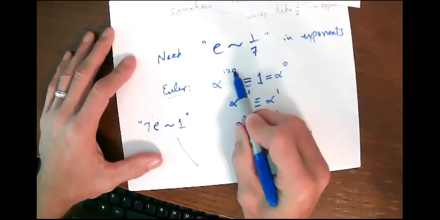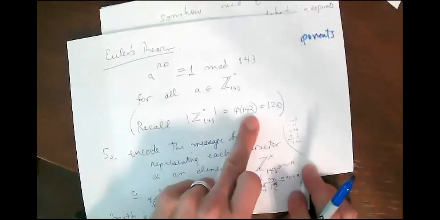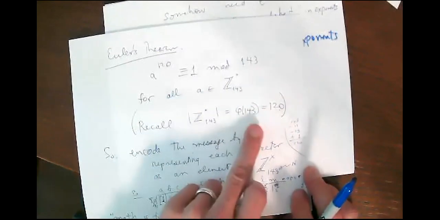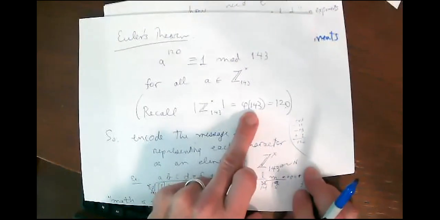It's the exponent that I need to get a 1. And that's because of the way Euler's theorem was phrased in general: 120 is the Euler phi function of 143. So 143 was the modulus that I decided to use in the very first place. And after that, that led immediately to the number 120 being part of the game, because 120 is Euler phi of 143.